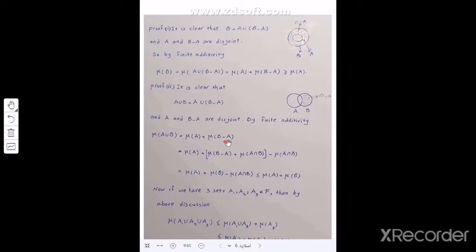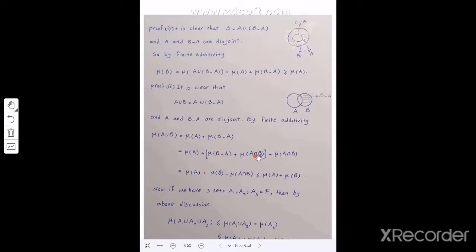Here I add and subtract this term. See here, B minus A is this section, and A intersection B is here.